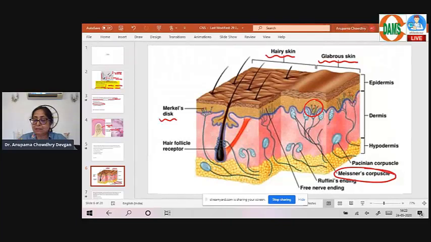Yes, but please understand, 60% of the sensory information from the fingertips is from Meissner's, right?